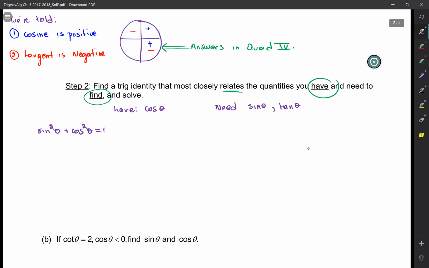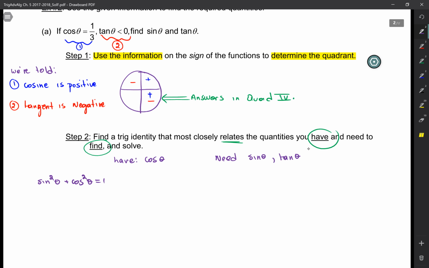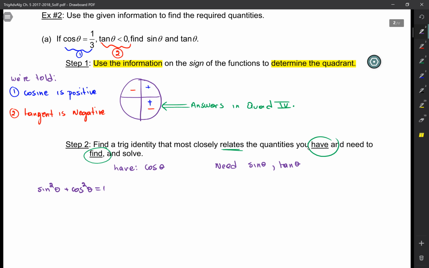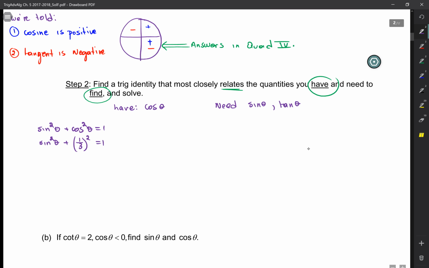Okay? All right. So, can we plug stuff in here? Okay. Are we given sine? No, that's what we need to find. Are we given cosine? It's 1 over 3, but this is going to be 1 over 3 squared equals 1. Okay? So let's see what we get.